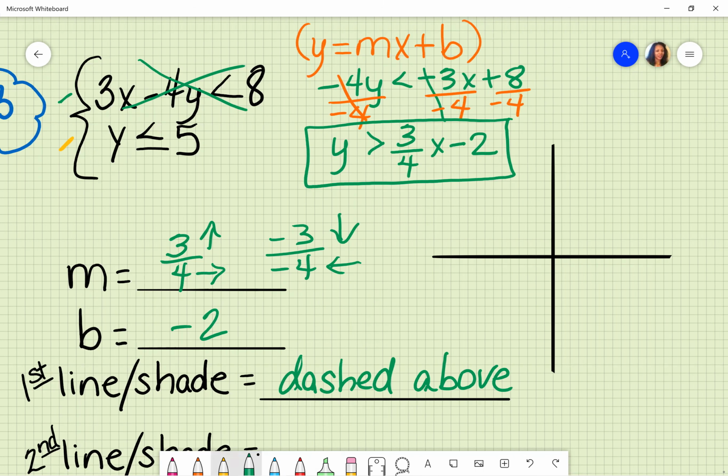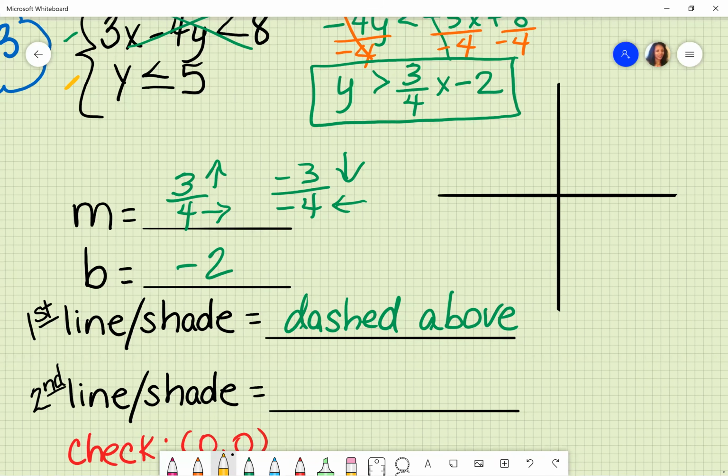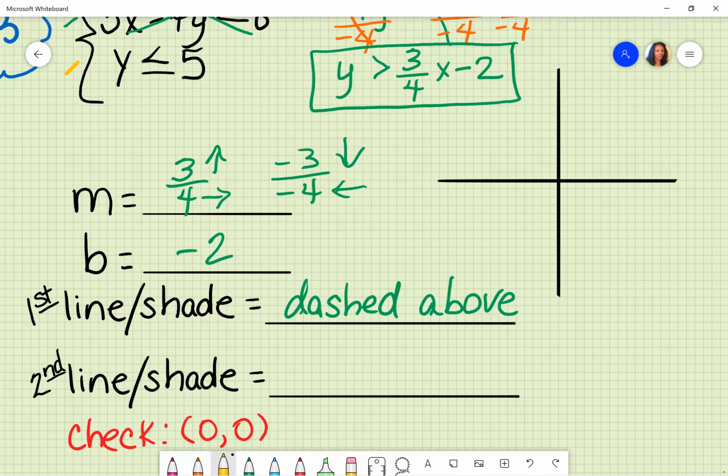So now let's change colors here because, again, now I want to focus on the second inequality. And that one's straightforward. It's just telling you all y values are going to be less than or equal to 5. So that means it's going to be solid because it has that equal to portion, and less than means it's going to be below.